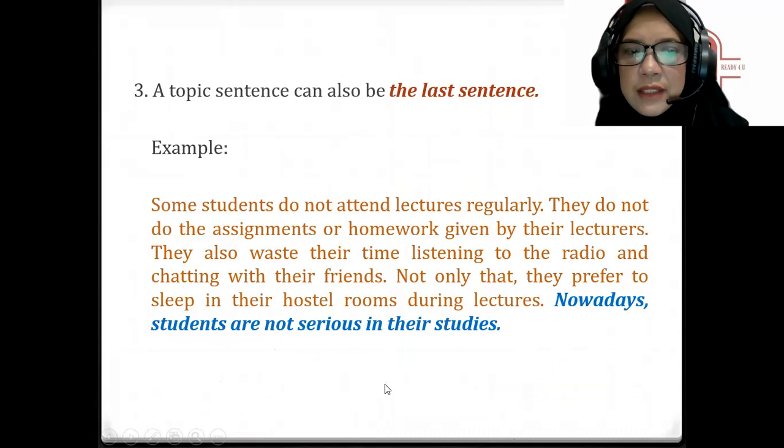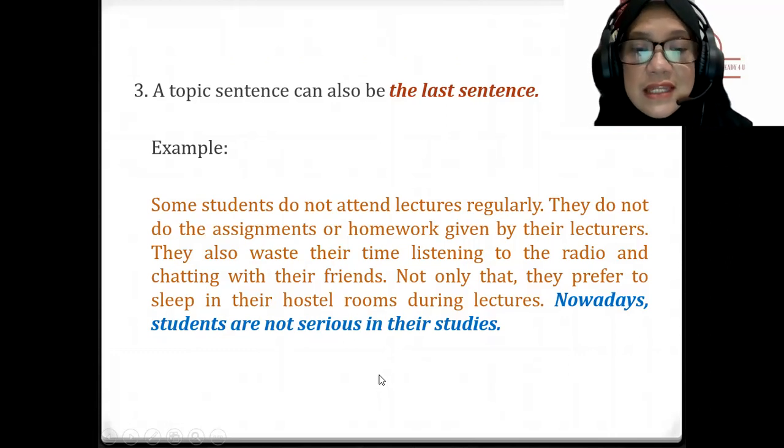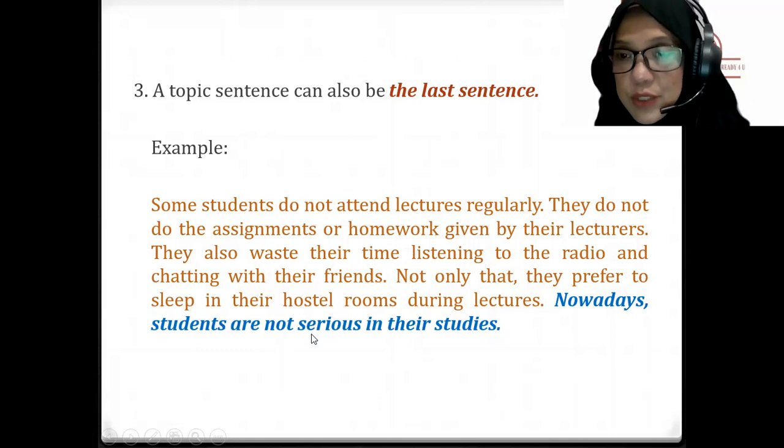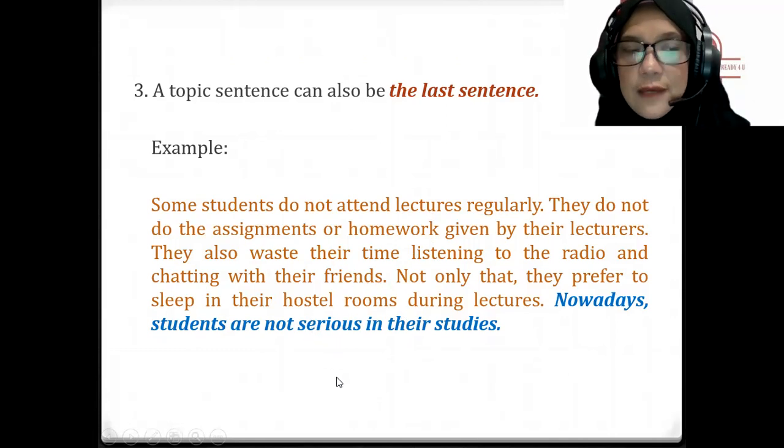Not only that, they prefer to sleep in the hostel rooms during lectures. Nowadays, students are not serious in their studies. So this is the topic sentence. And all above it, what comes before it, are examples of students being not serious in their studies. Okay?